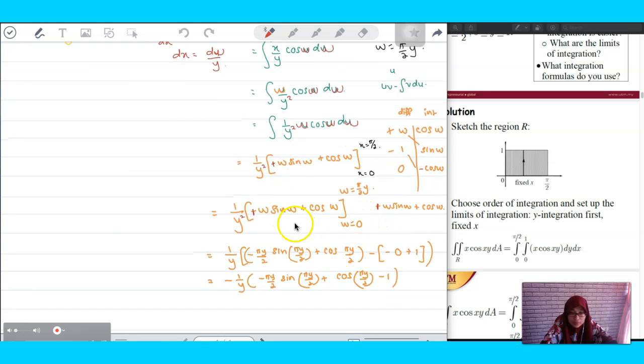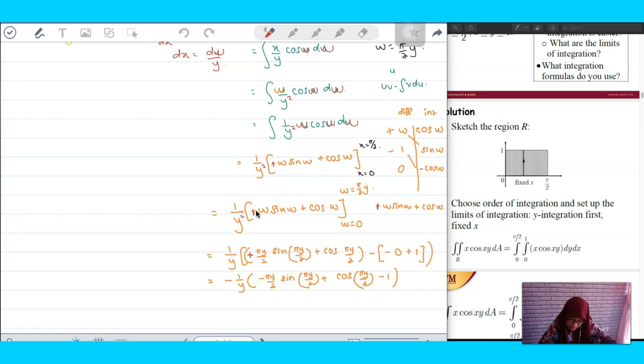This one. Okay, so now we substitute. So positive, W is pi y over 2, sine pi y over 2 plus cos pi y over 2, and then minus, and since W is 0, so this one is 0, so positive 0, and this one cos 0.